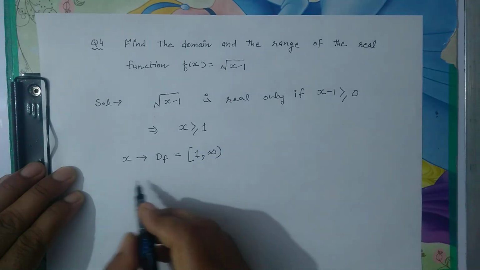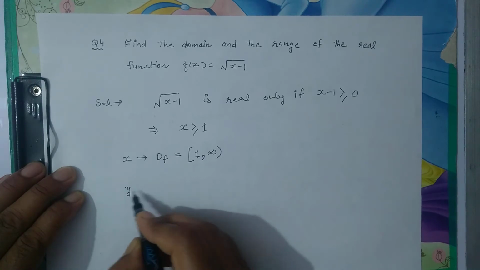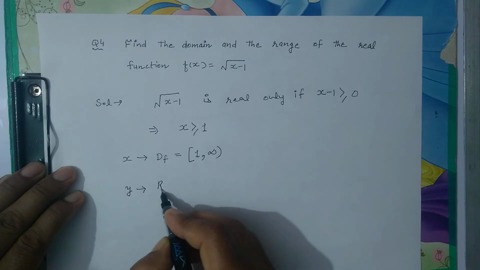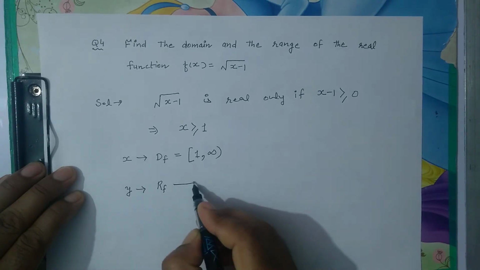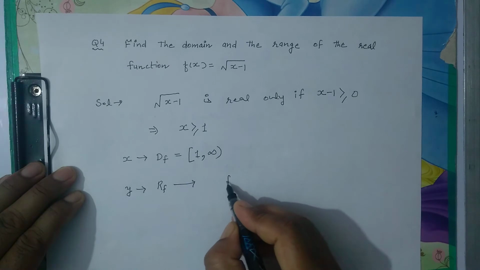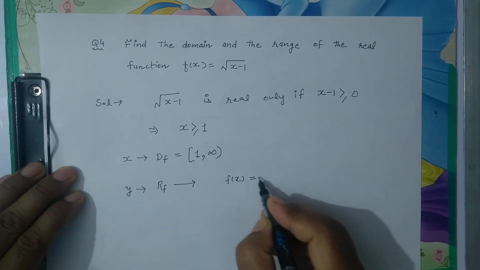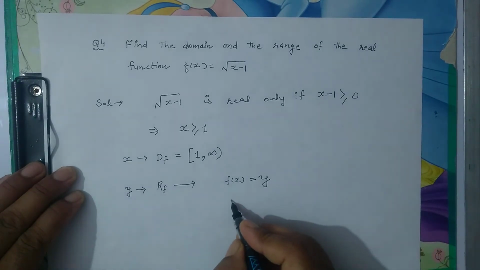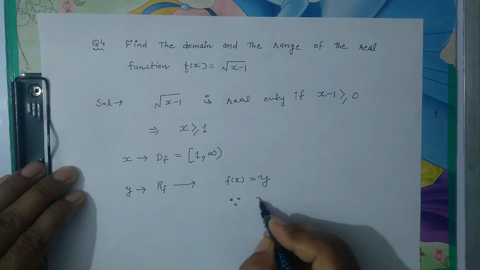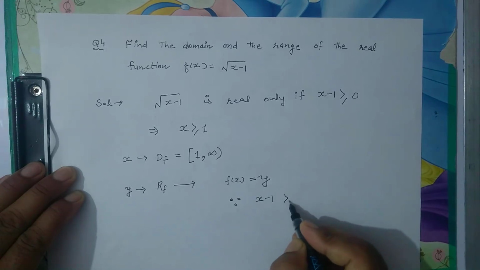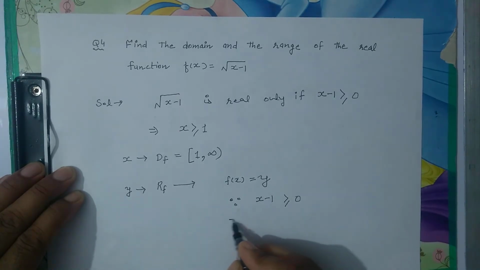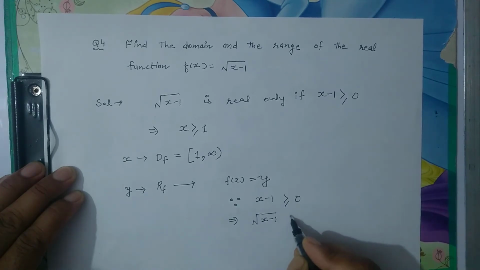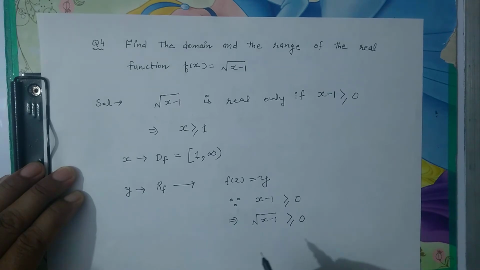Now in order to find range of the function we need to find the value of y. So here f of x itself is called y. So one more thing, because x minus 1 is greater than or equal to 0, so square root of x minus 1 is also greater than or equal to 0.